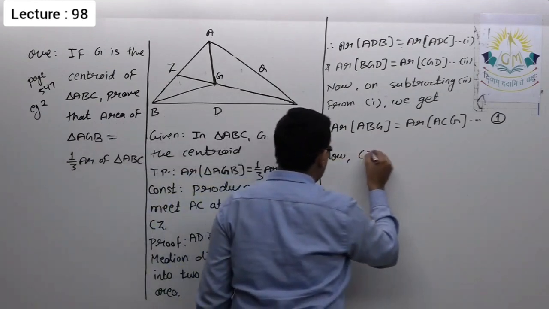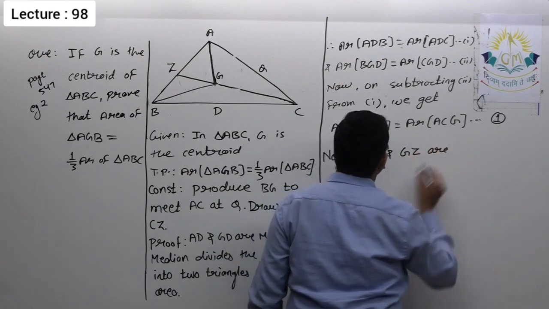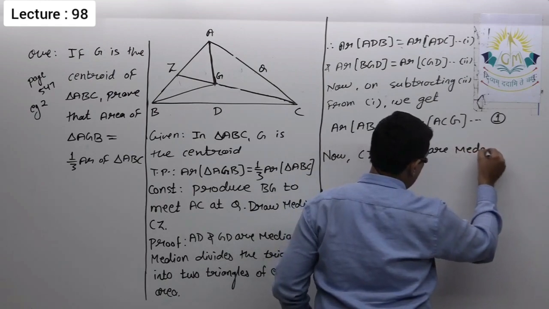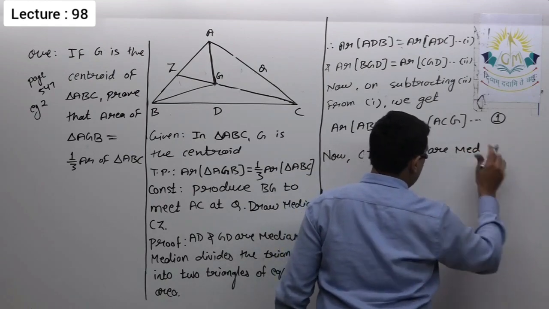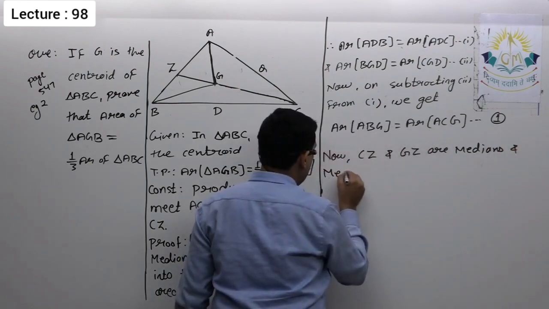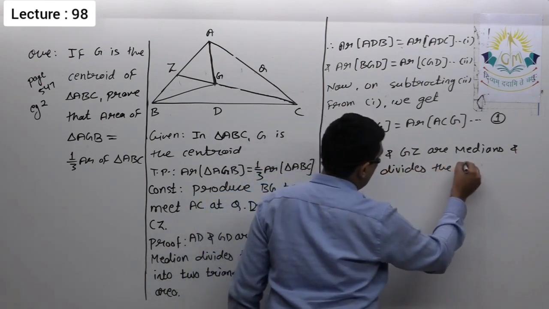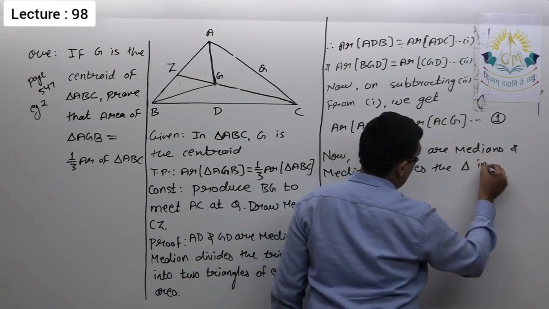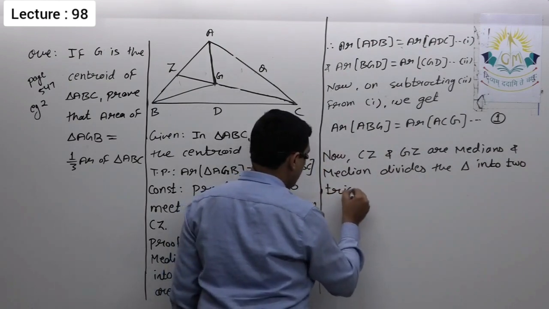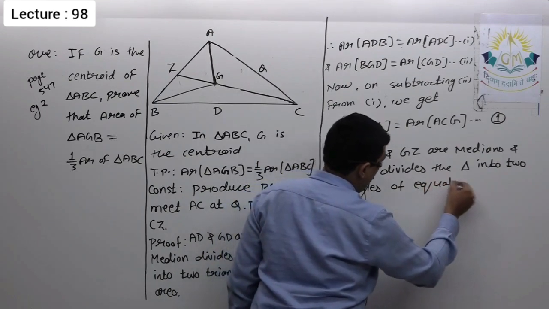Now CZ and GZ are medians and median divides the triangle into two triangles of equal area.